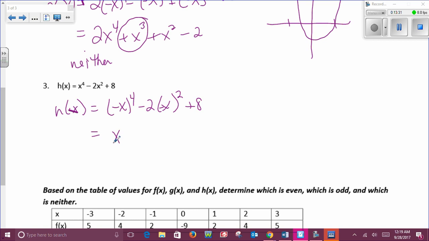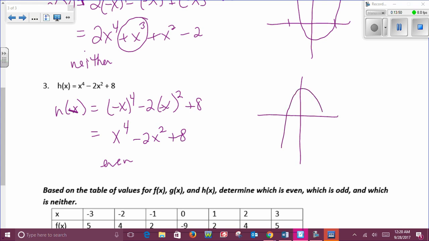This becomes positive. This is positive times a negative, so it's negative 2x squared, and then plus 8. So this is even because nothing changed. And graphically, kind of looks like this, except much more evenly drawn. There you go.